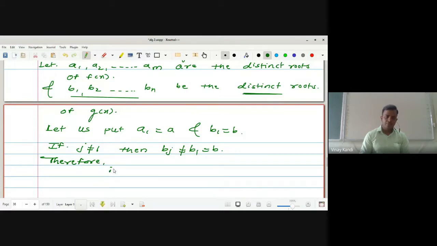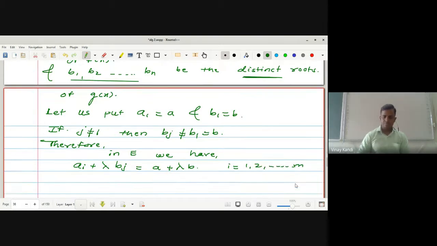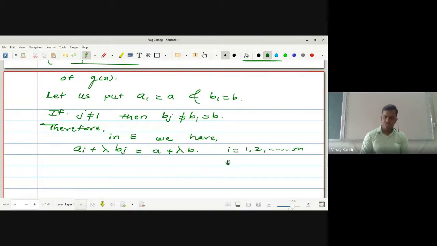So therefore, in E, capital E, we have ai plus lambda bj is equal to a plus lambda b, for i running from 1 up to m, and j running from 2, 3 up to n.